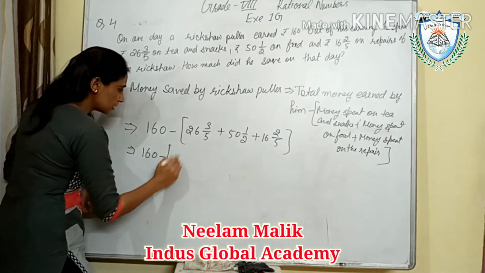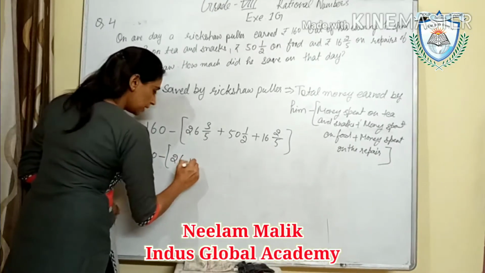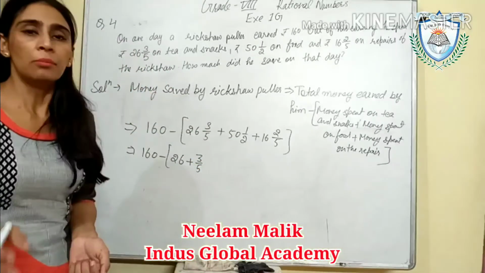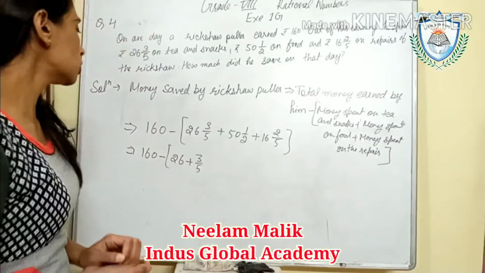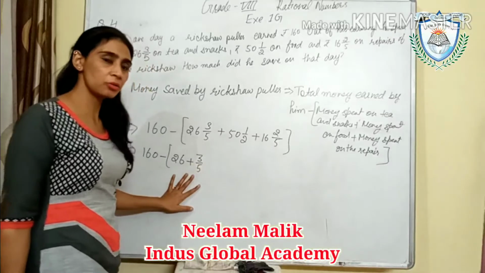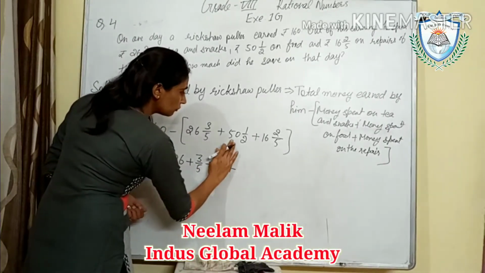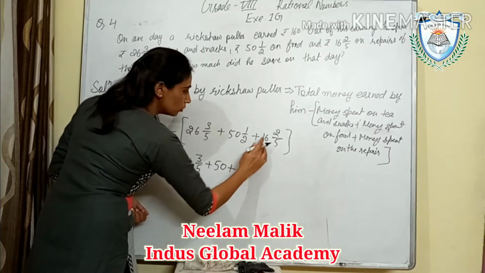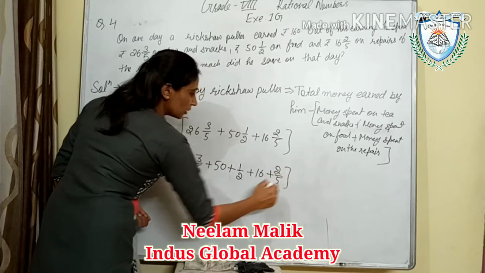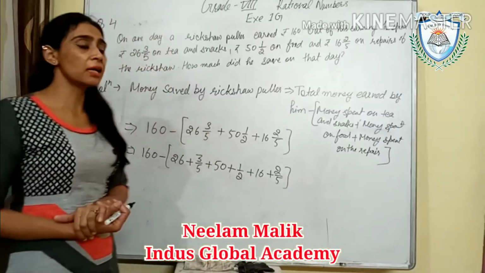So let's try. 160 minus, take 26 plus 3/5, because we know that a mixed fraction is a combination of a natural number and a proper fraction, so I separate that. Plus 50 plus 1/2 plus 16 plus 2/5. It will be easy for you because here you would otherwise have big calculations.